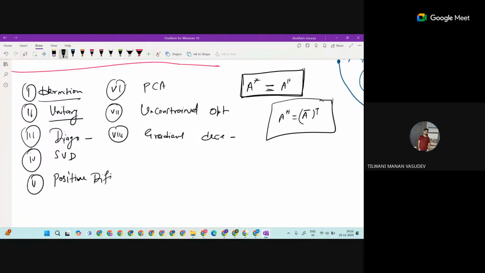We haven't used H in our lectures, I think everywhere it is star. In general we have used complex conjugate transpose for star. Yes, conjugate and transpose both, for A star.